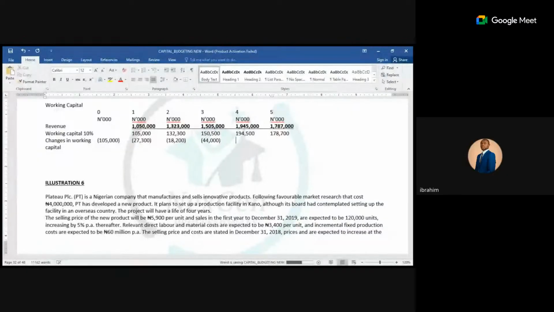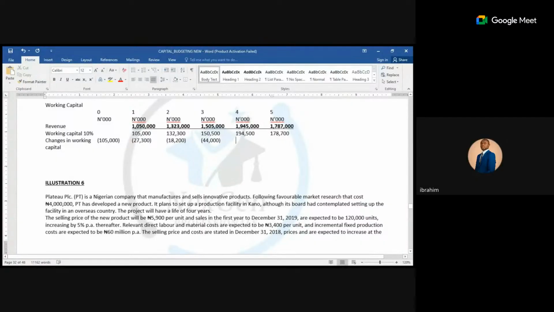From 194 to 178, what happened to the working capital? It decreased, right? Yes.